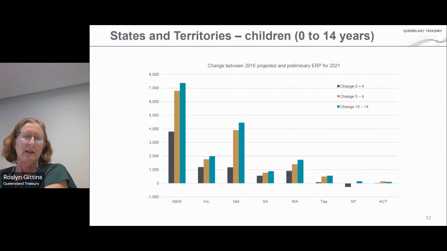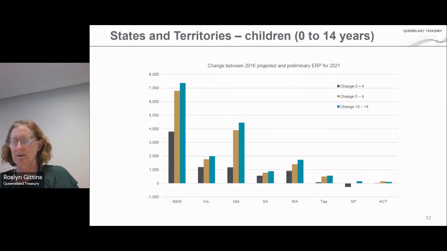And if we break that down by states and territories, again, the 10 to 14-year-olds are seeing, so this is the excess between the projection and the new estimate for states and territories by those age groups. So the 10 to 14-year-olds are seeing the largest differences in general across all jurisdictions, possibly, except the ACT, that's right.